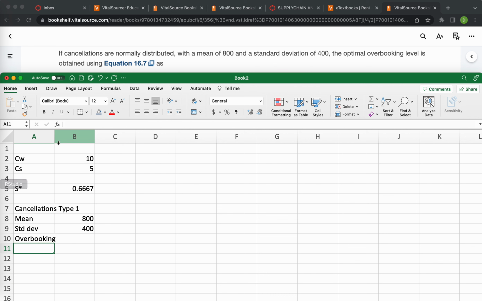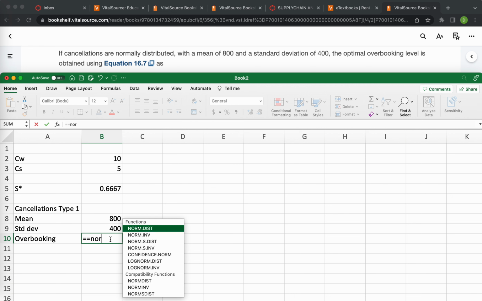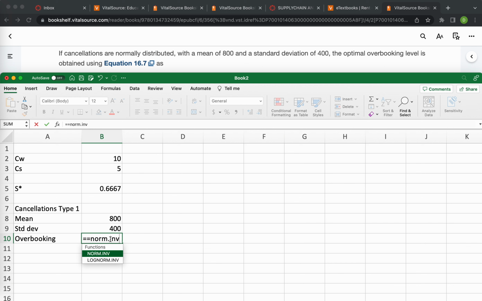This is the same way you calculate safety stock. So overbooking is norm.inv with a probability of 66.67%, 2/3, and with a mean of 800, standard deviation of 400, right?